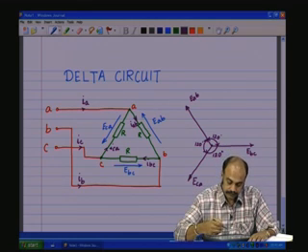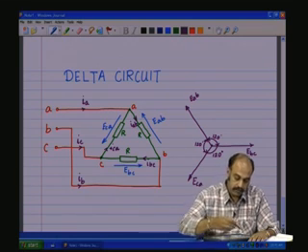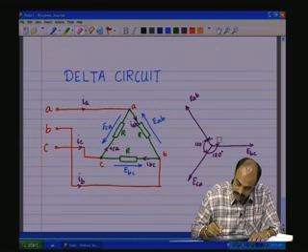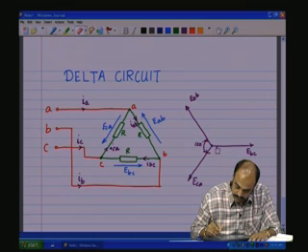Now, all are resistive loads. As all are resistive loads, the currents will be in phase with the respective phase voltages.